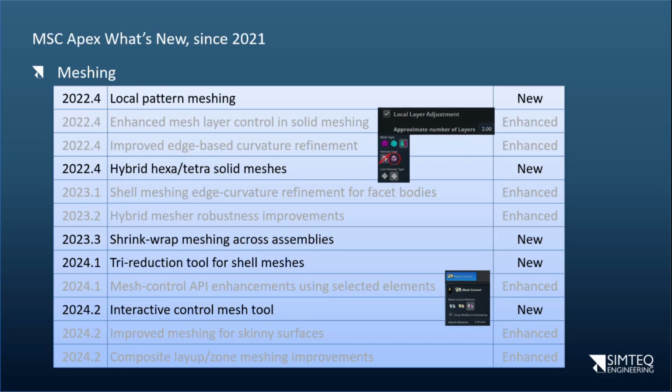Then the addition of hybrid hexa and tetra solid elements. Now this one I just want to spend a second or two. So this is basically a third option, whereas the first option is tet elements, then the hex elements. And this is now where you have a mix of tets and hexes. Please be very careful. The default currently is to create linear elements, and you should never use that.